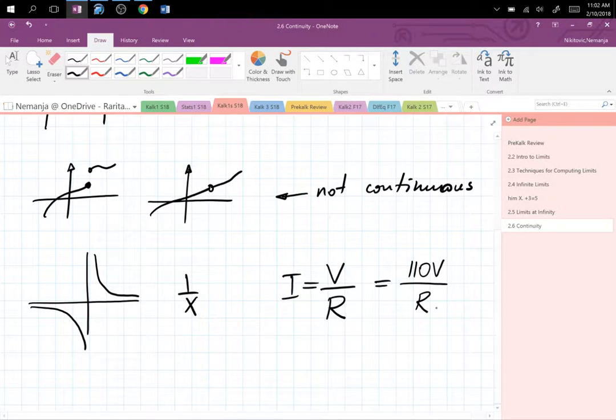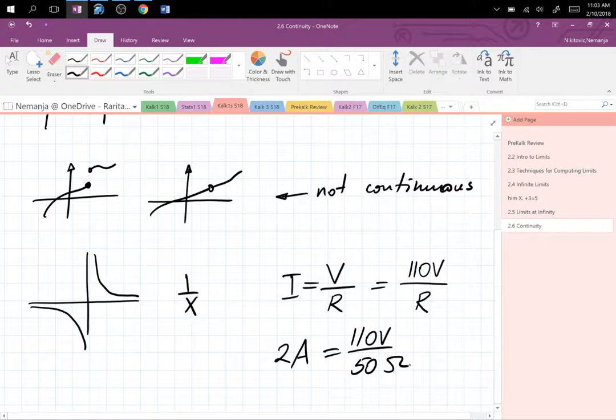Anything that you plug in has resistance in it, and generally your devices, like your cell phone chargers, are 1 amp or 2 amps or so on. So it shouldn't take a lot of mental energy to figure out that if you want a 2 amp output on your charger, the resistance on the charger should be 55 ohms, because 110 divided by 55 is 2.